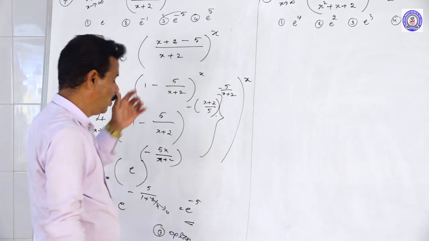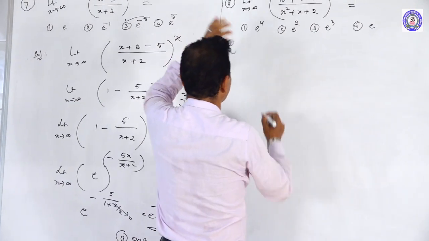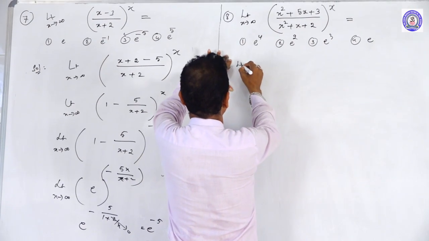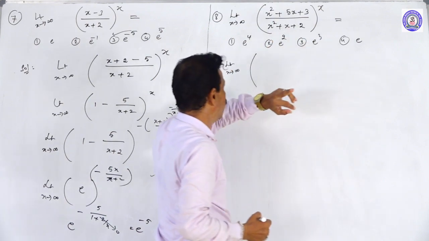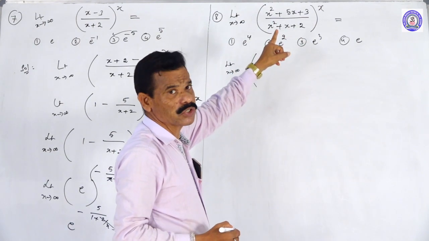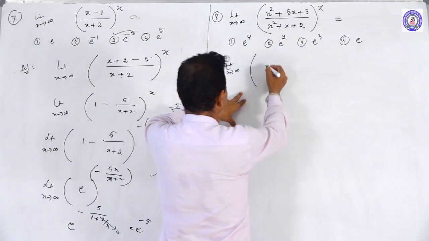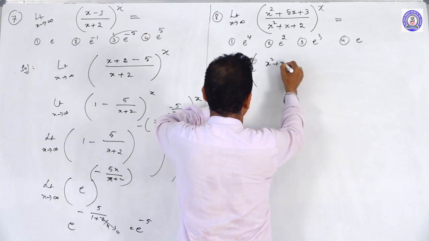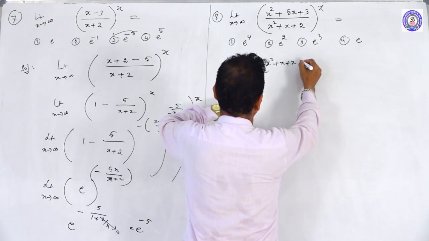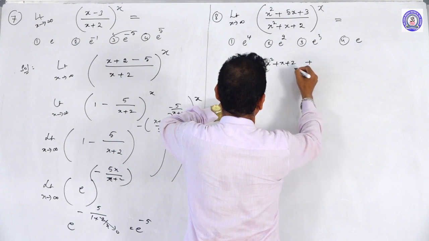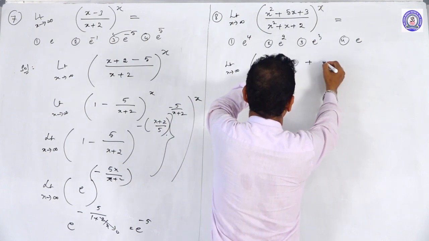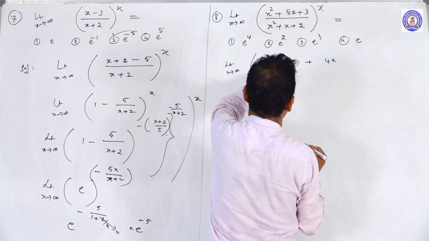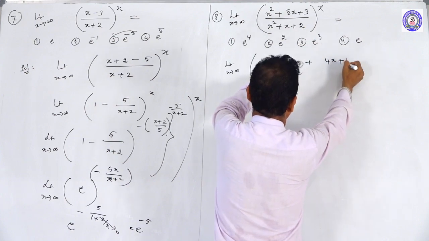This type, and here also we arrange it as limit x tends to infinity. According to the denominator, x square plus x plus 2, we write x square plus x plus 2 as it is. For the remaining terms: plus x square here, x, there 5x, so 4x is needed; here 2, there 3, so again 1 is needed.